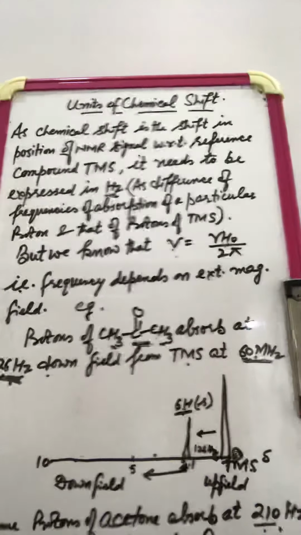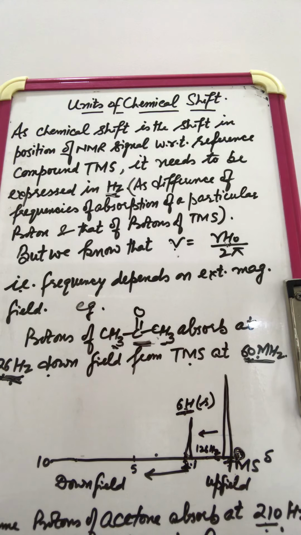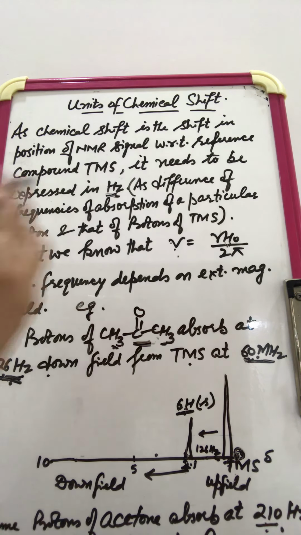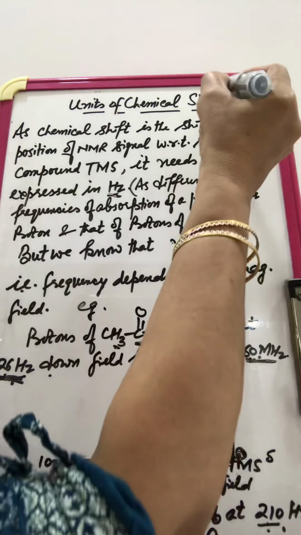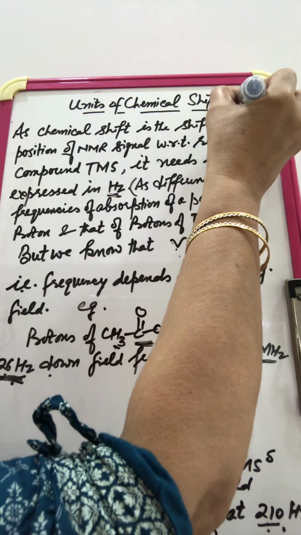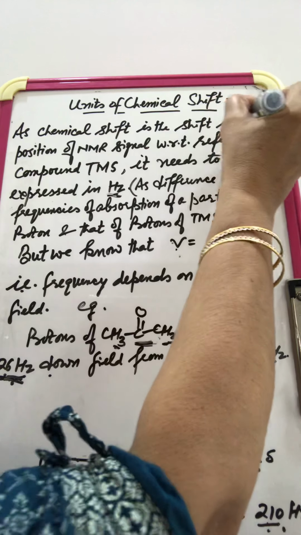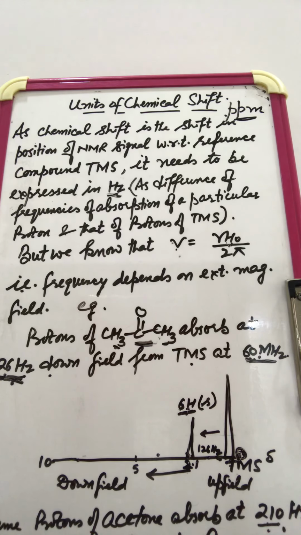So what that means is that now the units of chemical shift will be parts per million, ppm. ppm means कि जो हमने लास्ट में सबको 10 raised to power 6 से मल्टीप्लाई किया है, 10 raised to power 6 मीन्स मिलियन, तो 1 मिलियन पार्ट्स में कितने पार्ट्स से शिफ्ट हो रही है, that is the unit of chemical shift.